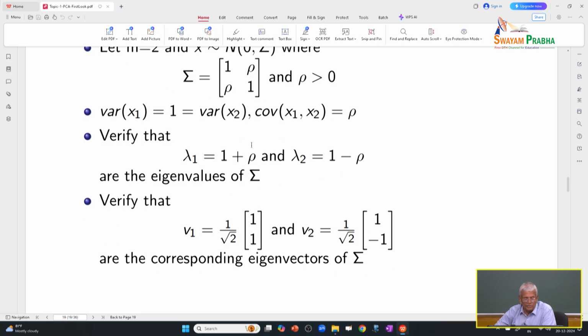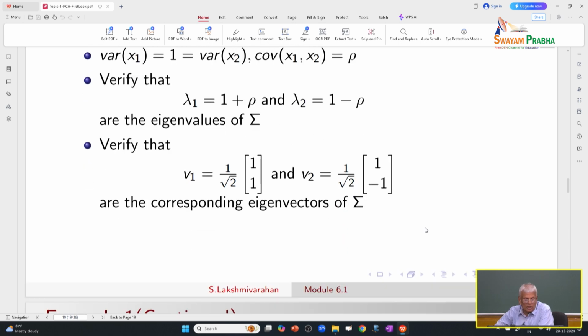The eigenvalues of this are 1 plus rho and 1 minus rho. You can readily check. You can also compute the eigenvectors to be 1 over square root of 2, (1, 1), 1 over square root of 2, (1, minus 1). They are unit norm, orthogonal. So please check these calculations. They are very simple but educative examples.